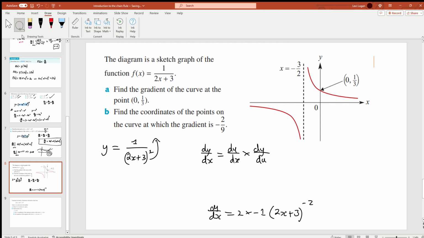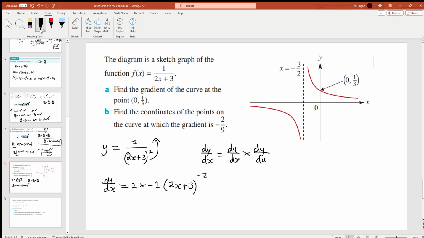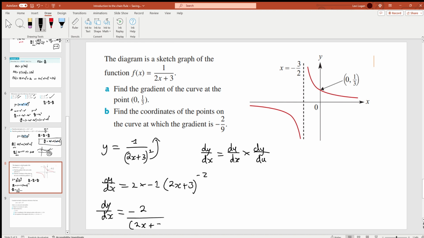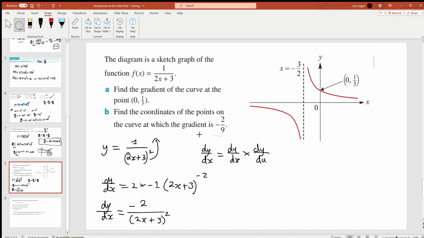And now we can put that up there. So we'll have dy/dx equals negative 2 all over 2x plus 3 all squared. Okay? And that is the equation for our differential.